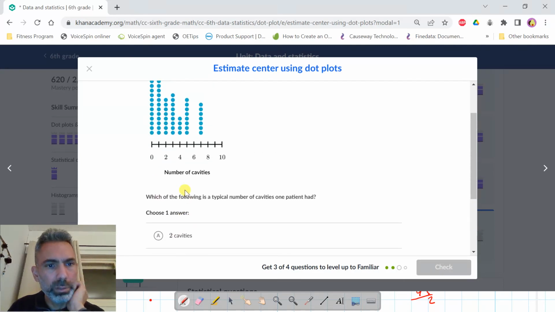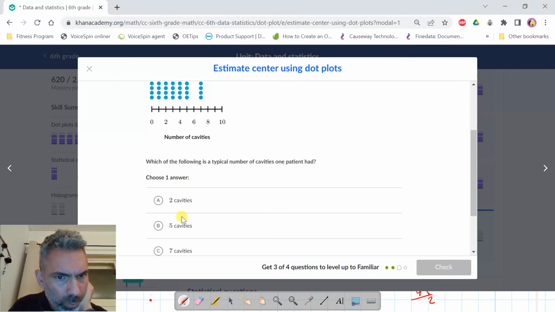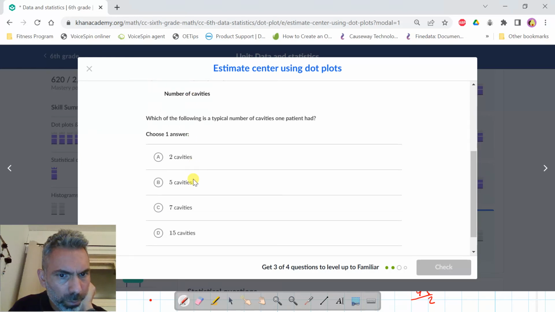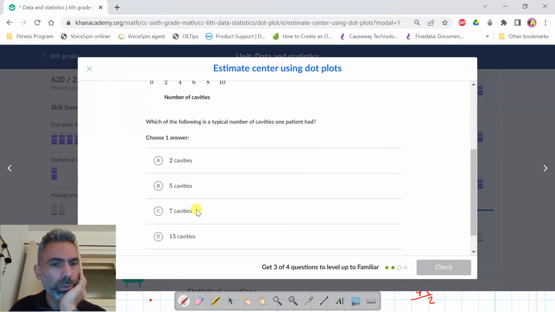Okay, next, 2 cavities compared to 5. 5 is less frequent, less typical, because 5 compared to 2, okay, they are tied. 2 and 5, same number of patients. 7, which of the following is typical? 7, no patients, so it's less frequent than 5 and 2. 15 is not in the graph.